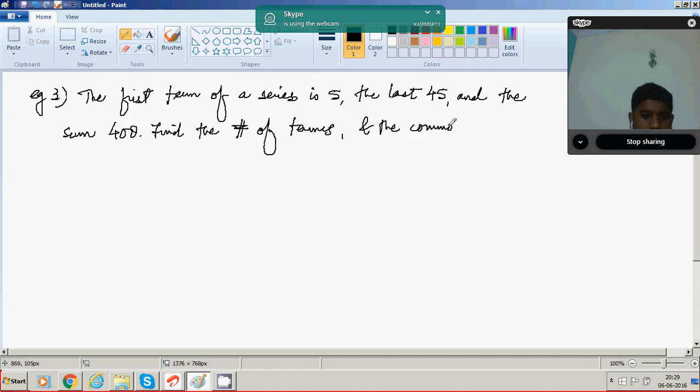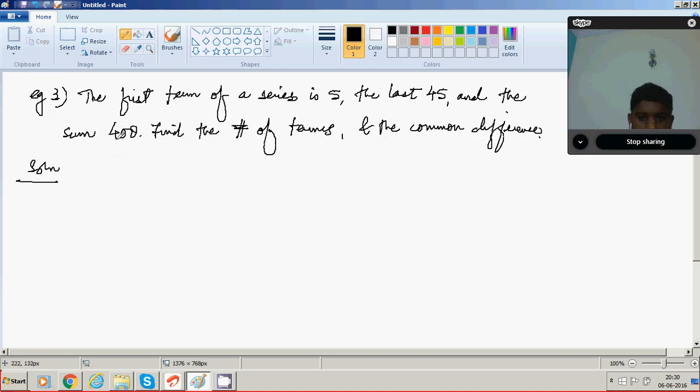Come on, give it a shot. Hold on, before you try this. Since two quantities are asked, two unknowns are asked, there have to be two equations. Yes, sir. Very good. That's what we learn in linear simultaneous equations. Solution. Come on, try it.